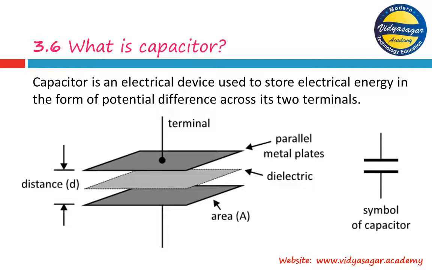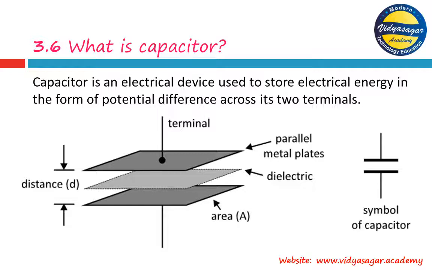Here the distance will be equal to the thickness of the dielectric medium sandwiched between the two metal plates. So the dielectric medium is used as thin as possible so that the distance between the two plates is as minimum as possible, due to which the capacity of the capacitor will increase. So C, which is the capacity of the capacitor, is proportional to A upon D.